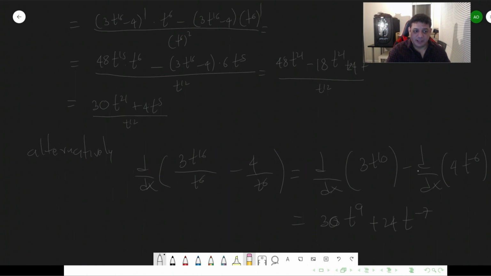Take 30t to the 21 over t to the 12, you get 30t to the 9. Take 4t to the 5 over t to the 12, you get 24t to the minus 7. So same thing, same result, but one way is easier than the other. Which one to use? Well, it depends on your criteria and your ability to check what is the best approach to do this.